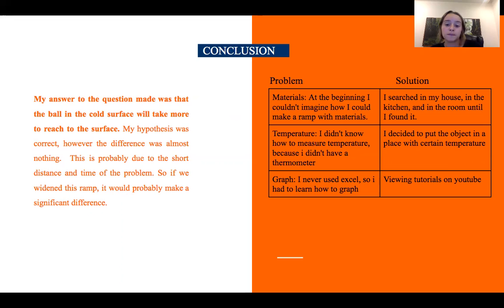Then the temperature, I didn't know how to measure it because I didn't have a thermometer. Then I decided to put the object in a place with a certain temperature. Also, a problem is that I never used Excel before. I didn't know how to use it. So by viewing tutorials on YouTube, I figured it out.